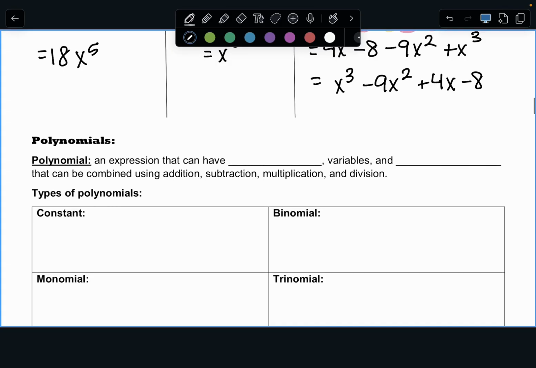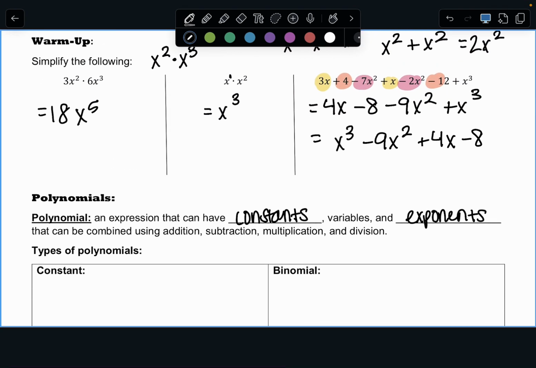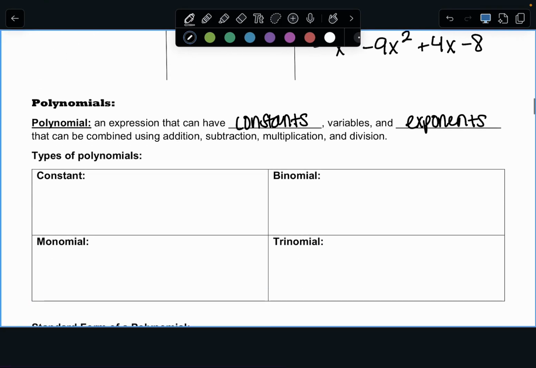So we call these things a polynomial. So polynomials are expressions that have constant terms, variables, and they can have exponents. Does anyone know what a constant term is? Go ahead. Is it just ones without a variable? Yeah, it's just a number. So our constant term in this last example is that negative 8.